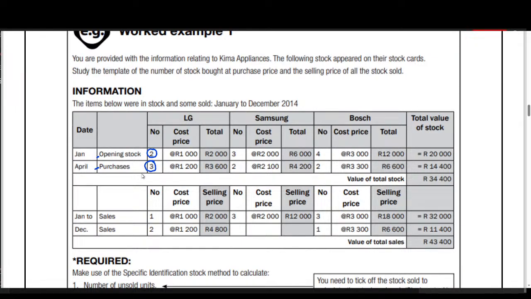At the beginning 1 unit was 1,000, so the total cost was 2,000. The stock that we bought in April, there were 3 units. 1 unit was at 1,200, meaning the value of those units bought during the year was 3,600. That is all about LG.